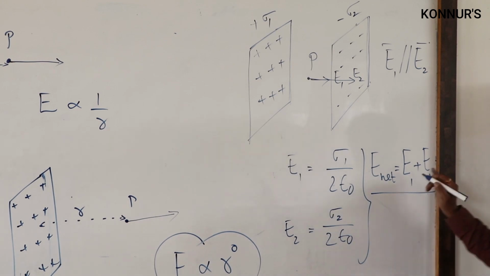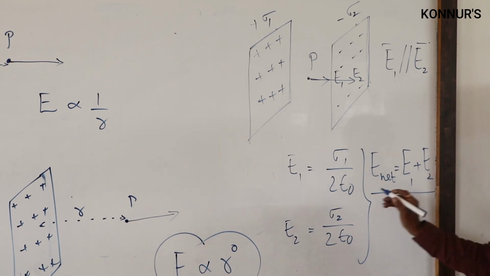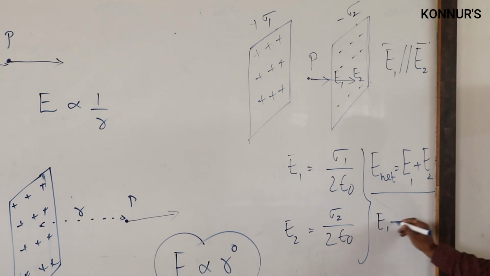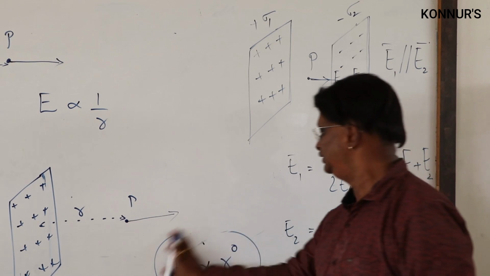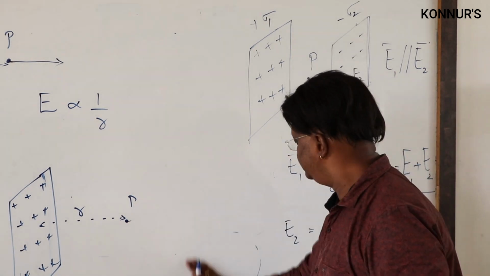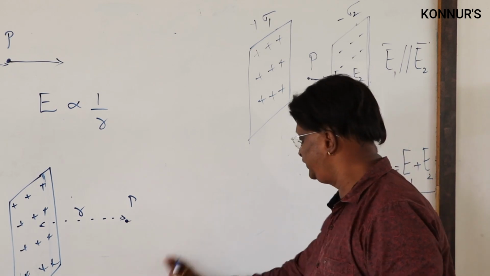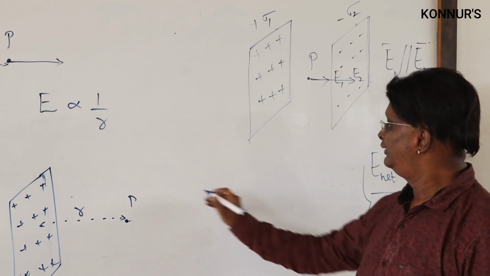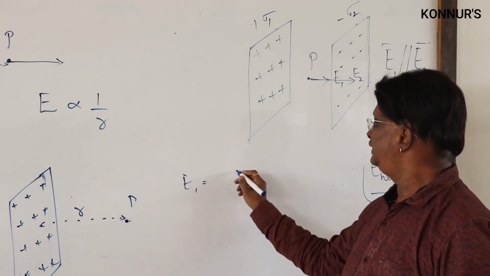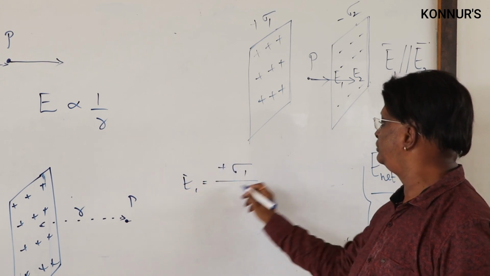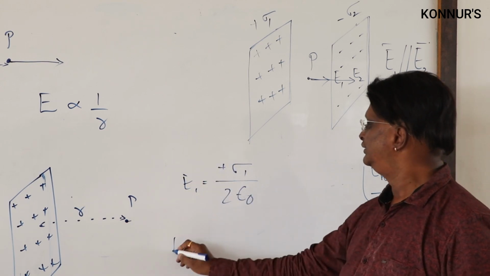And therefore, supposing in some example you get it as E1 minus E2, now there is a confusion, or a chance for committing a simple mistake, that E1 is sigma 1, which is positive, by 2 epsilon naught.